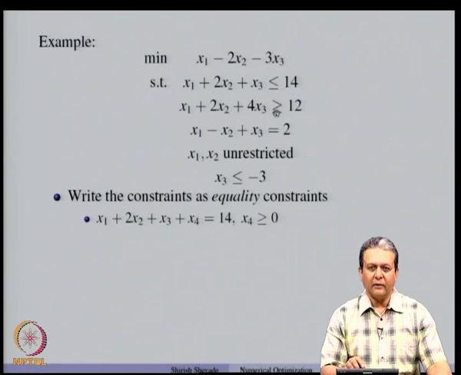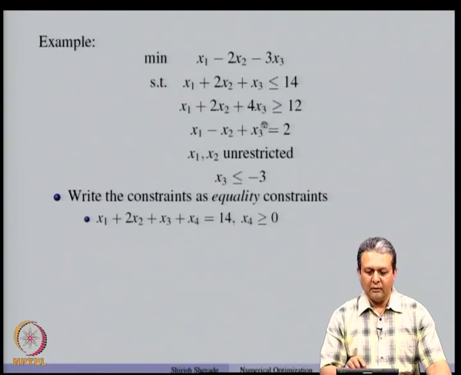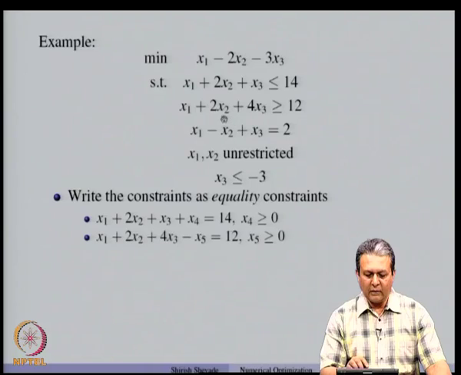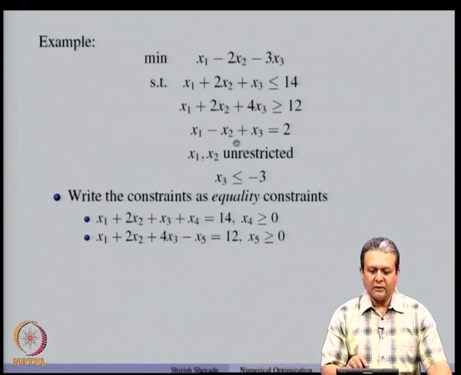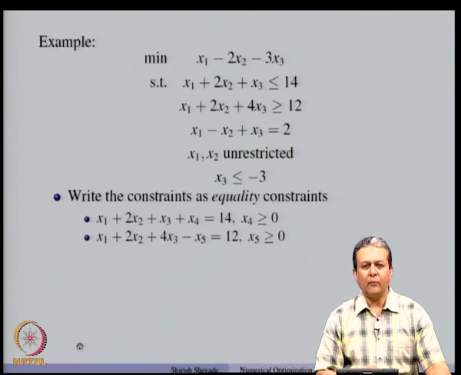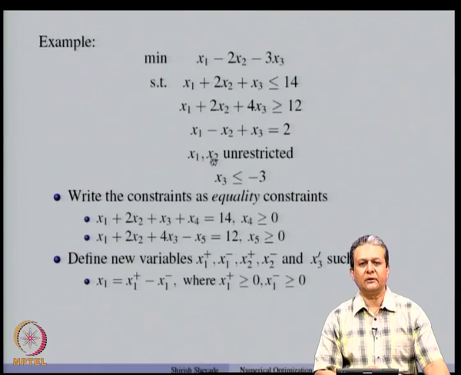Similarly, for the second constraint, we can subtract a surplus variable to make it an equality constraint. So, x1 plus 2 x2 plus 4 x3 minus x5 equal to 12, x5 non-negative. Now, the third constraint will remain as it is, so we do not have to worry about that, and now we have to worry about the variables.